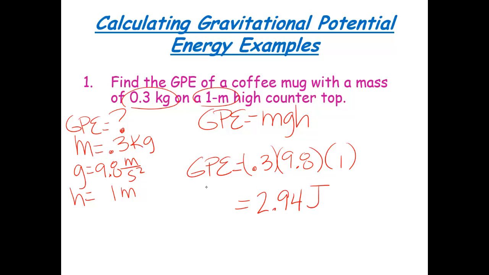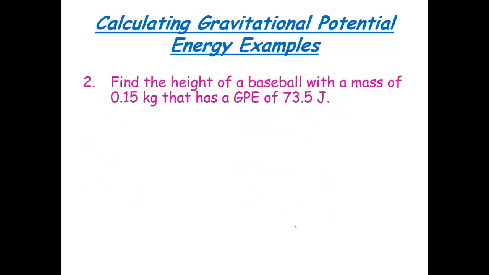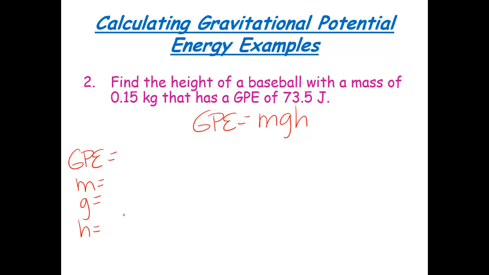Okay. So now let's look if we have to solve for something besides the GPE. So again, GPE equals mgh. Again, your g is going to be 9.8 meters per second squared. Find the height of a baseball with a mass of 0.15 kilograms that has a GPE of 73.5 joules.